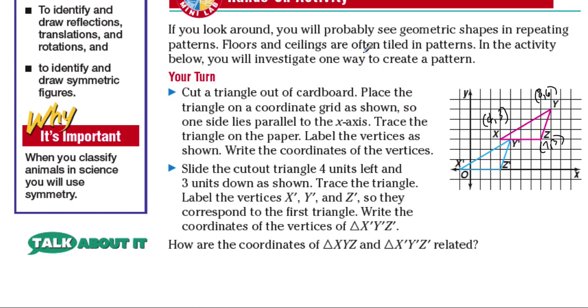From x, 4 units to the left and 3 units down gets me to x prime. Doing the same for z, 4 units left and 3 units down, I go to z prime.